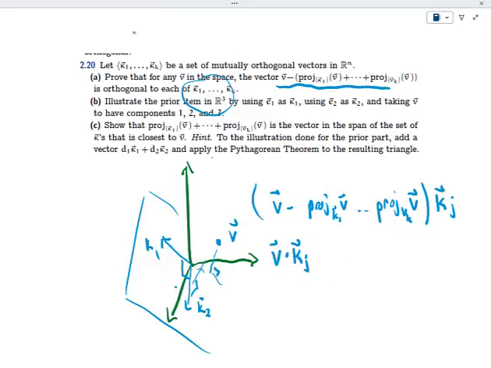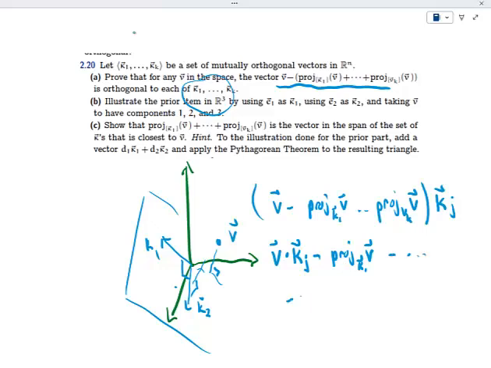Okay, so then the first term here will be the proj of kappa 1 of V minus dot, dot, dot. And I'm going to single out this term that has the kappa J here.